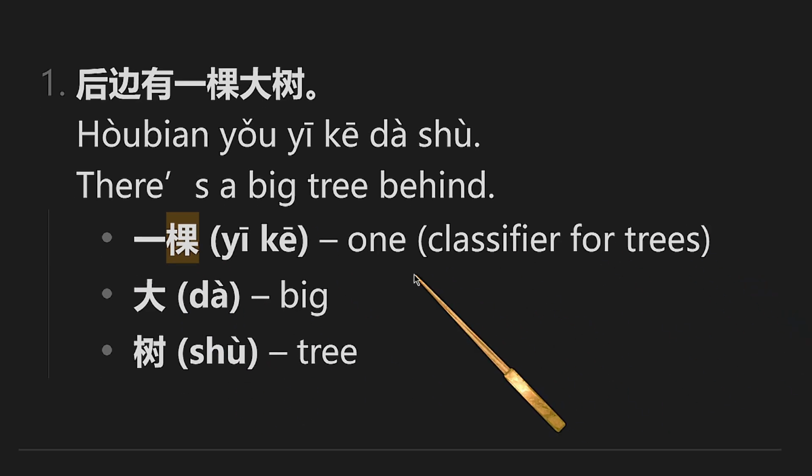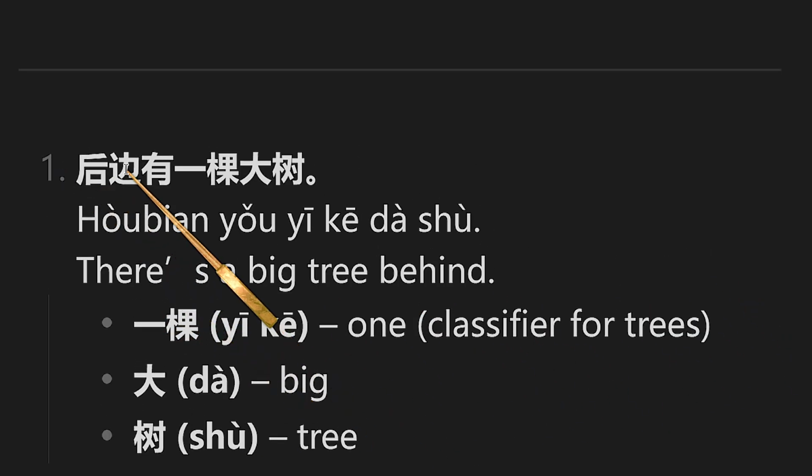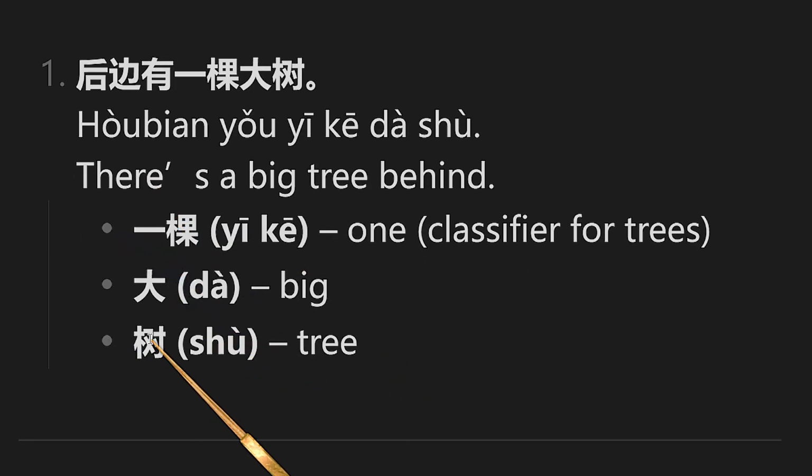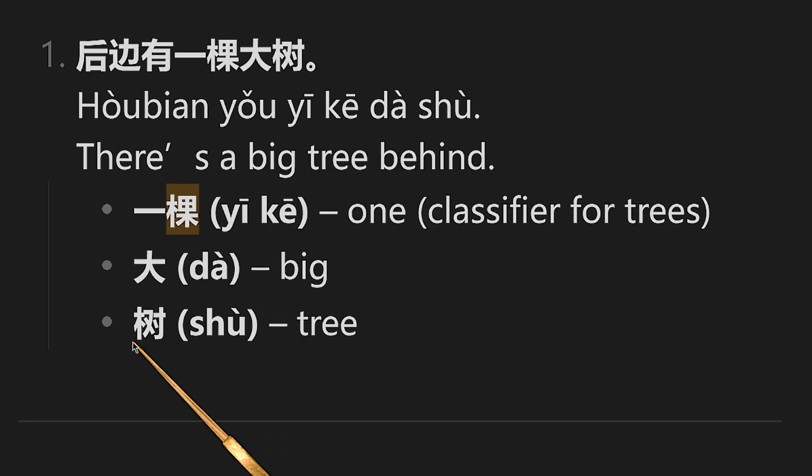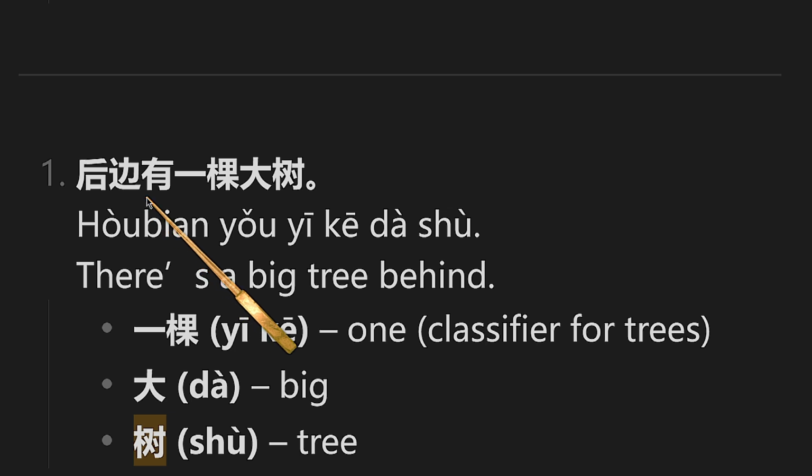It's a classifier for trees. 后边, and 大, it's big, and 树, a tree. You can see also on the left part it's the same character as here, it's just a picture of a tree, a pictogram. 后边有一棵大树, behind there is a big tree.